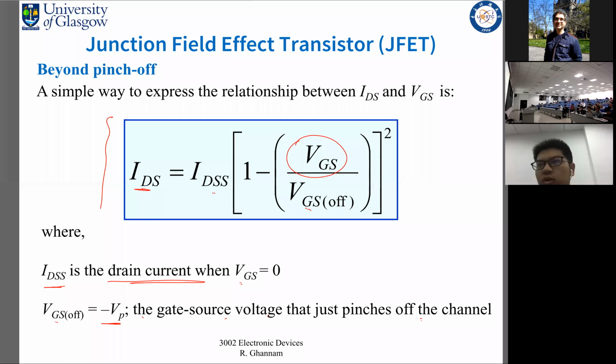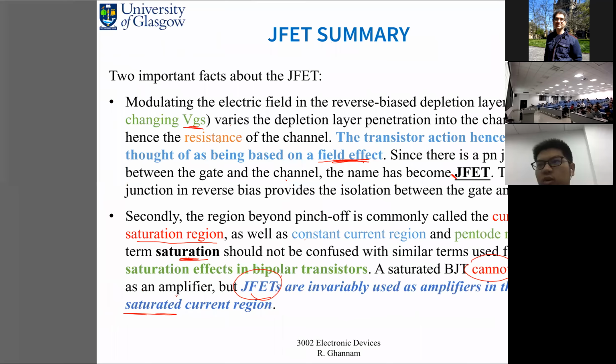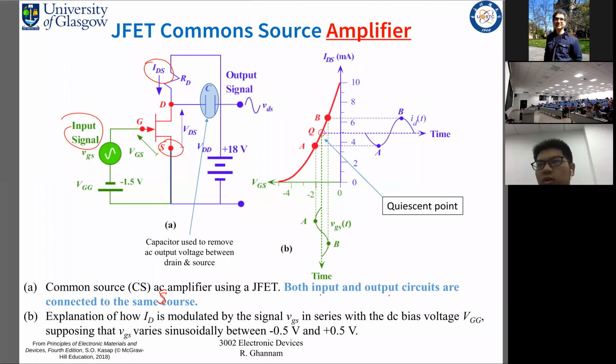By knowing what IDSS is, the maximum drain source current, when VGS is equal to 0, and if we know what the pinch off voltage is, so let's say this is 5 volts, and let's say IDSS is 10 milliamps, then by increasing VGS, we can determine the IDS versus VGS relationship. And we can plot this curve.